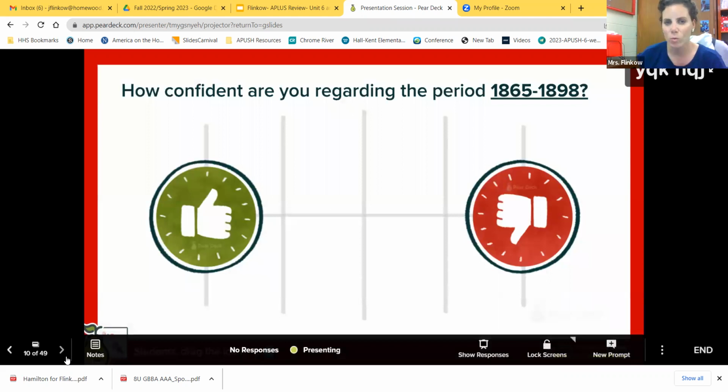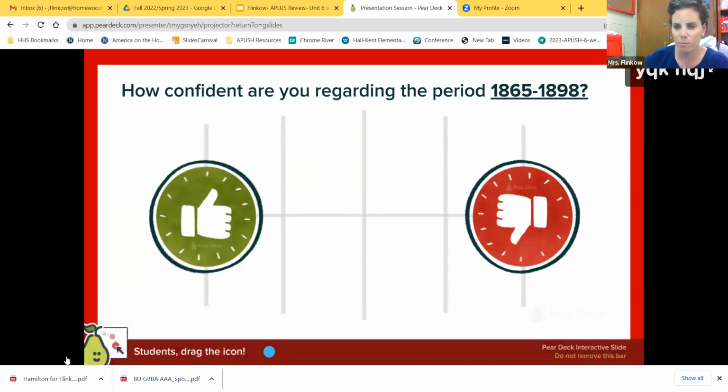All right, so we are going to be looking at some review content from time period 6 and time period 7. If you can move your blue dot on how confident you feel about time period 6. And if there is anyone in the group right now who has not covered time period 6 or 7, would you please message Miss Allen in the group chat and let her know?